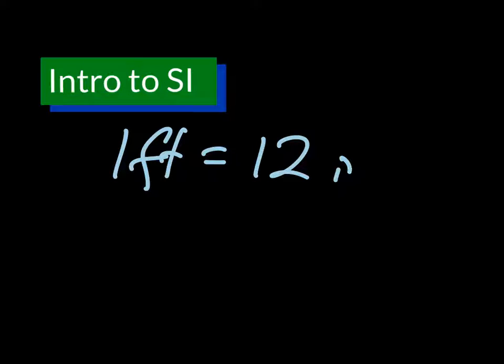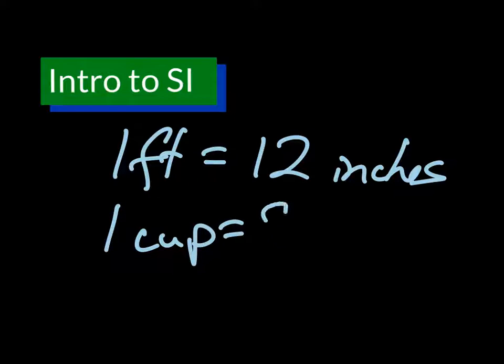Another advantage of the metric system, or the SI system, is that it provides a similar system of measurement for different types of things. So, for example, in the imperial system, a foot is 12 inches. But a cup of milk is 8 fluid ounces.